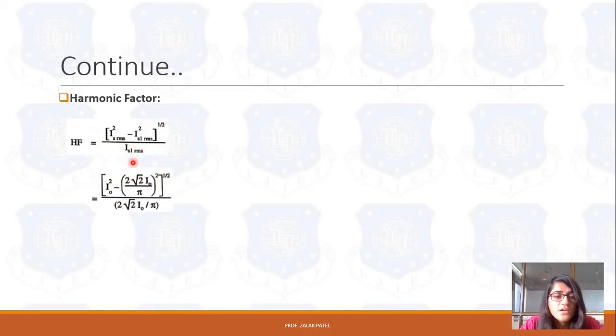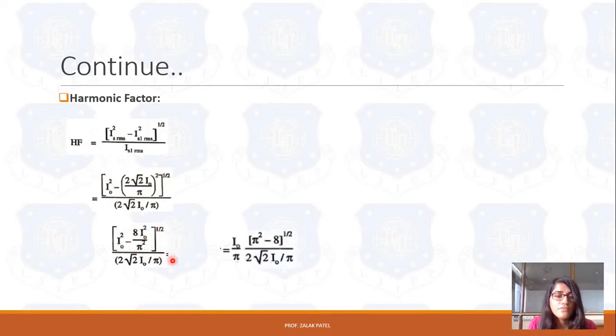If we solve this equation, it will be like this: I0 square as it is, square of this component means 8 I0 square upon pi square. 2 root 2 square means 8. 8 I0 square upon pi square raised to 1 by 2 upon 2 root 2 I0 pi. Again if we simplify it, this I0 square will be common and it has power 1 by 2.